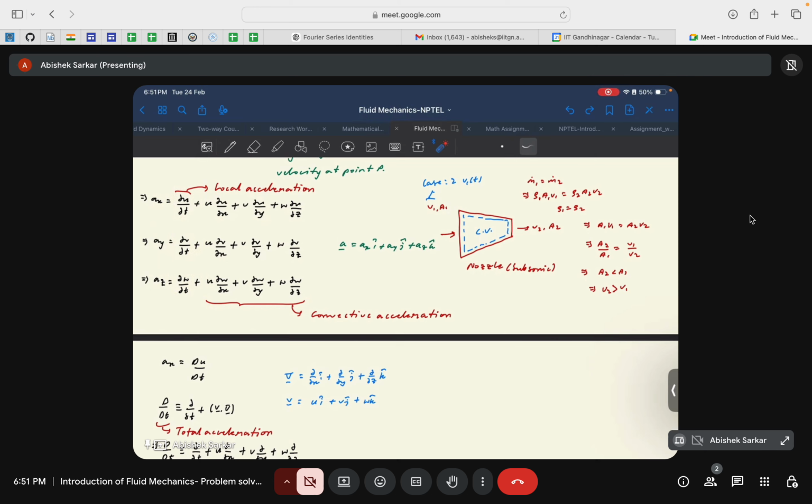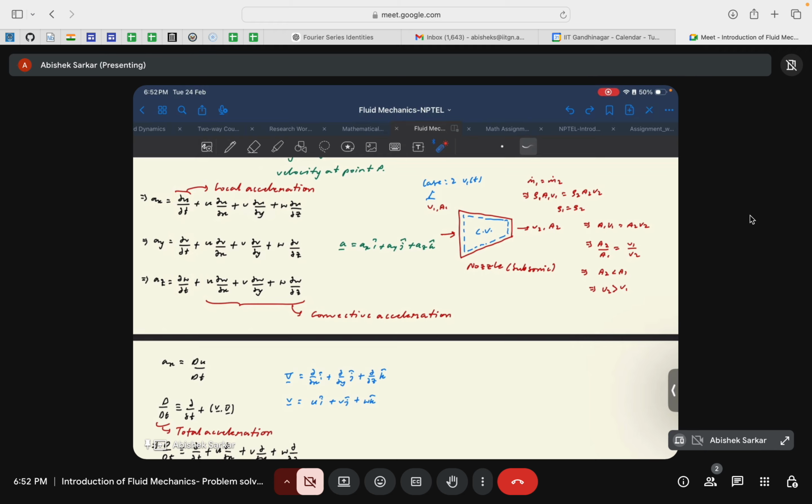Just forget the coefficients for a moment: for the acceleration along the x direction, you will have derivatives of the u velocity component, that is dou u by dou t, dou u by dou x, dou u by dou y, dou u by dou z. The coefficients will be u, v and w: the x derivative has the u velocity component, the y derivative has the v velocity component, and the z derivative has the w velocity component. Students usually tend to mix this up, interchange their positions, and end up getting the wrong results.